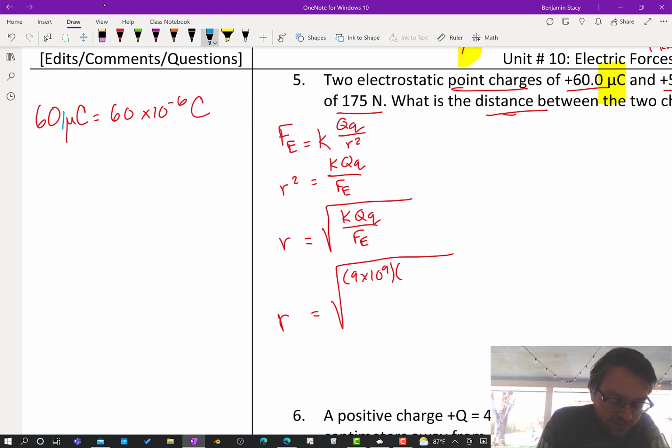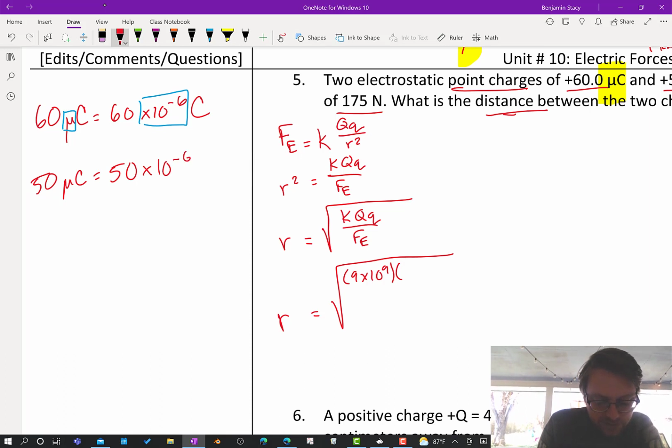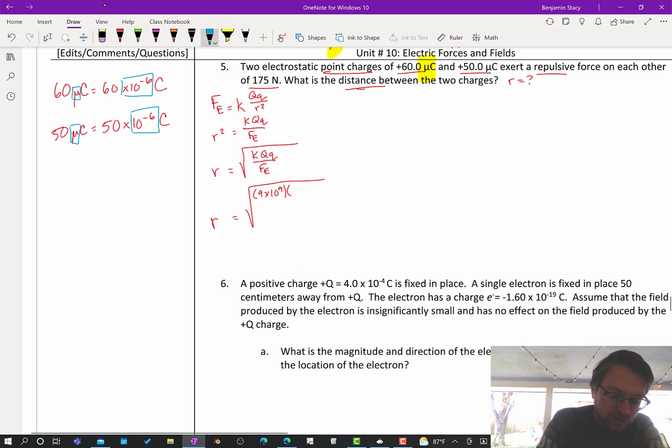So you see, I just replaced that mu with times 10 to the minus 6. That's all you got to do. And the other one is 50. So 50 microcoulombs is going to be 50 times 10 to the minus 6 coulombs. And again, I'm just substituting 10 to the minus 6 in for mu, because it's just a prefix.